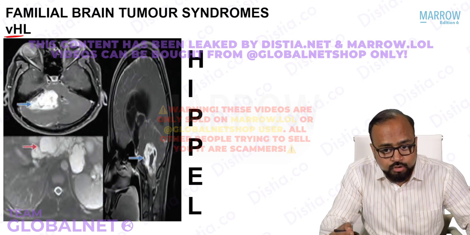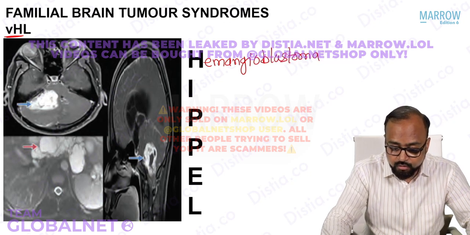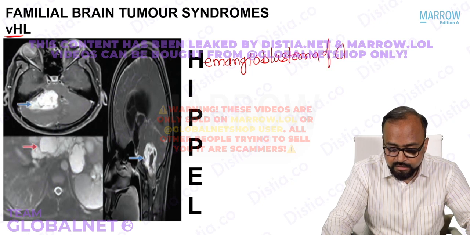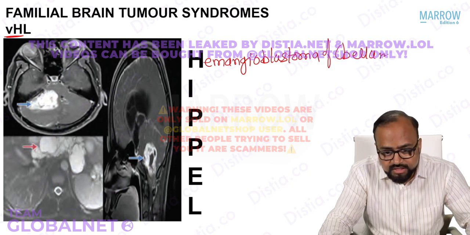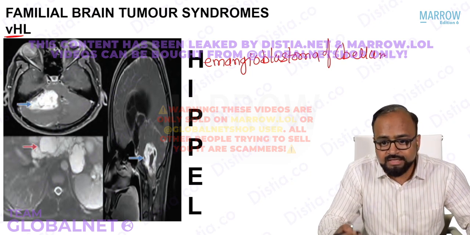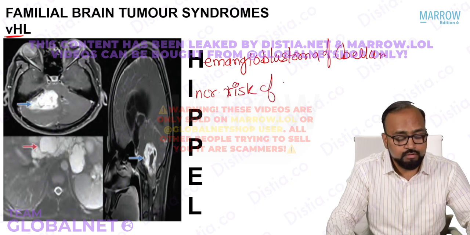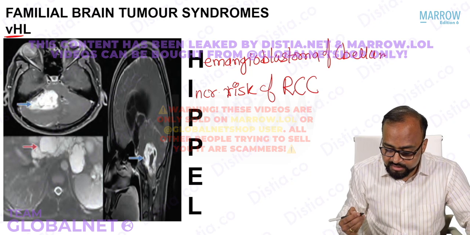So what are the various conditions which are seen in von Hippel-Lindau syndrome? The first and most important one, remember, is the hemangioblastoma. Hemangioblastoma involving the cerebellum. Along with cerebellum, it could also involve the spine, it could also involve the retina. There is an increased risk of RCC, renal cell cancer.